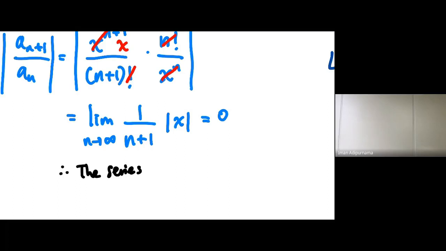From previous lectures, we were determining which x interval converges, right? If less than 1, it will converge, right? If it's greater than 1, it will diverge, right? And now it's 0. It's less than 1, right? It should be convergent. But the question is not converge or diverge, but which x should be put into the equation so that it converges.